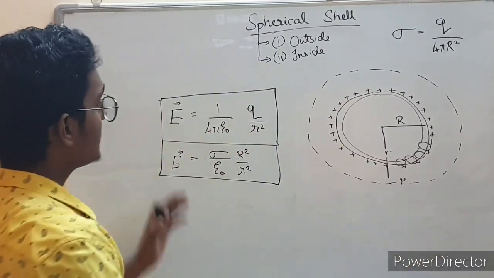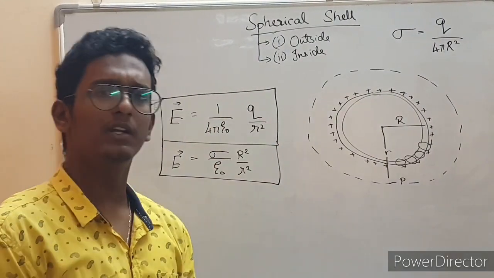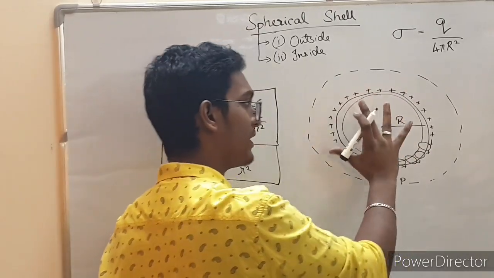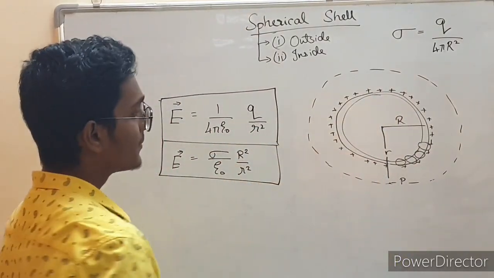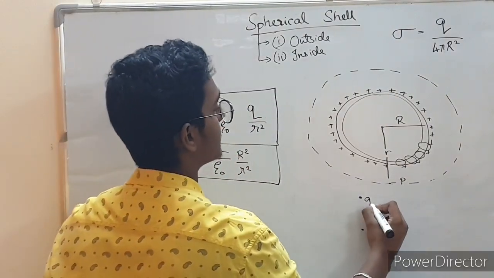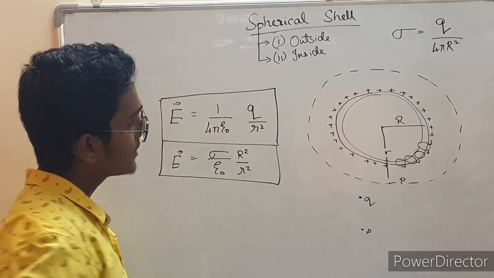So this formula is very similar to the electric field due to a single point charge. That is, as if you are considering this entire shell to be a point charge, and then you're finding the electric field at this point P. That is what it looks like, but this is the actual way to derive it.